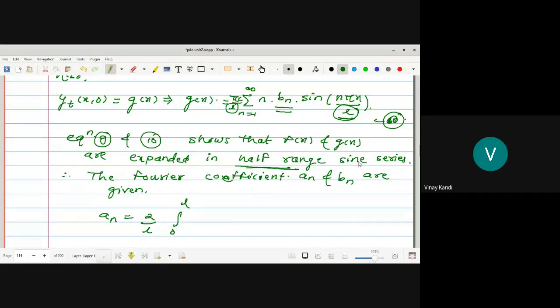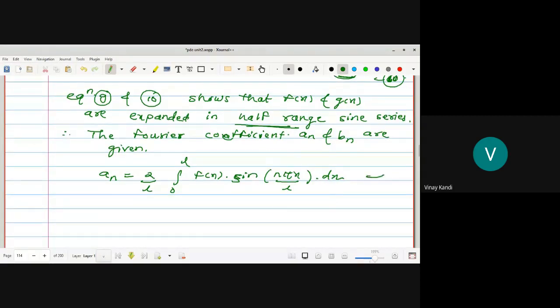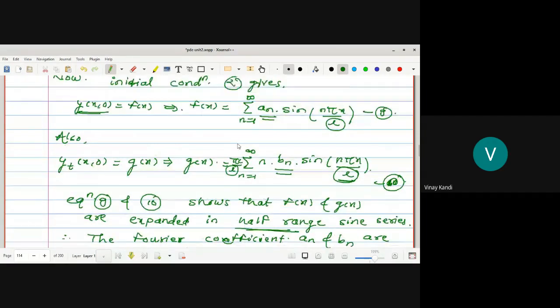The full range sine series is minus l to l integral. Here lower limit 0 to l into f(x) into sin nπx upon l into dx. And the value of b_n, given equation number 11, and b_n is given by 2 upon nπc.